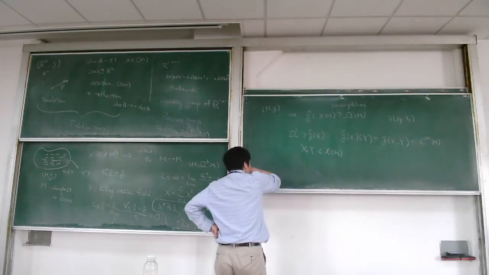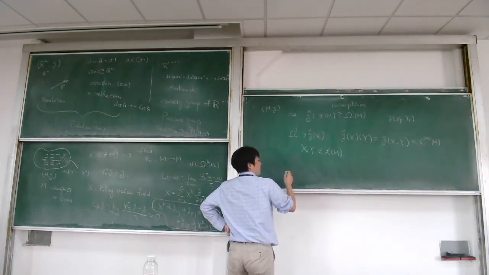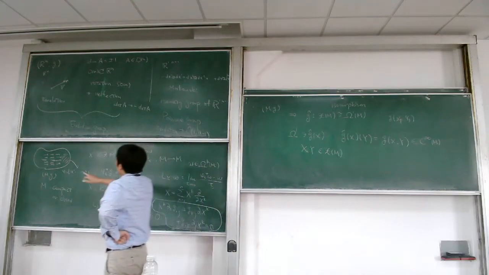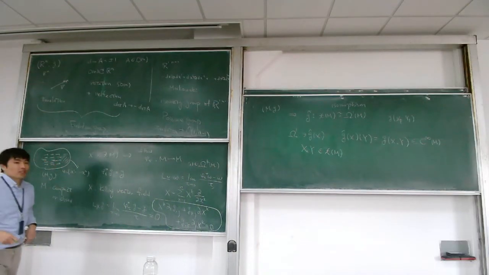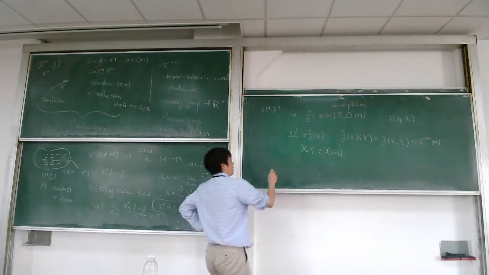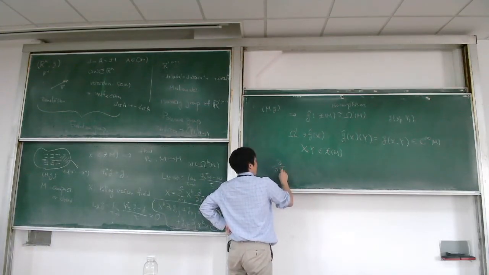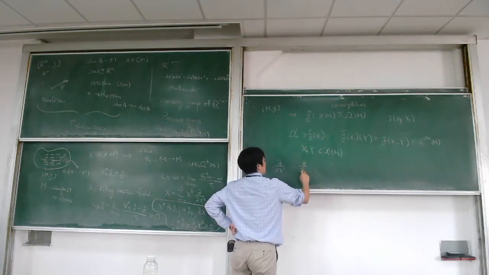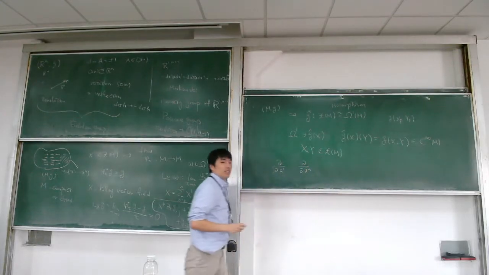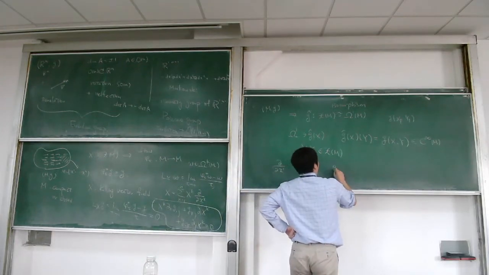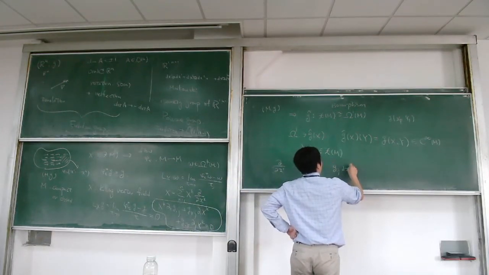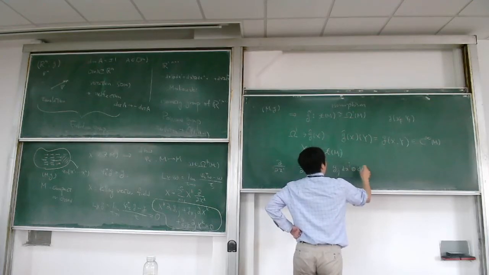So what we have done is essentially, given local coordinates, the vector fields have a basis, these are bases for vector fields. And the metric has components G_ij.